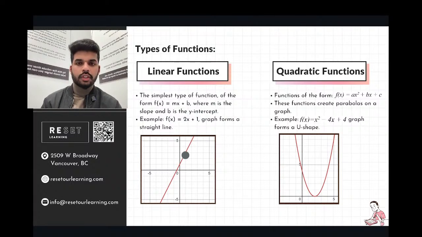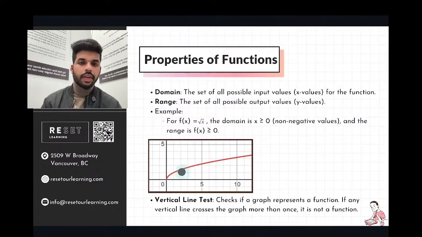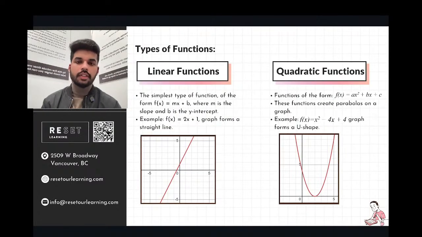So slope is basically rise over run. That means how fast is the y changing with regard to your x.